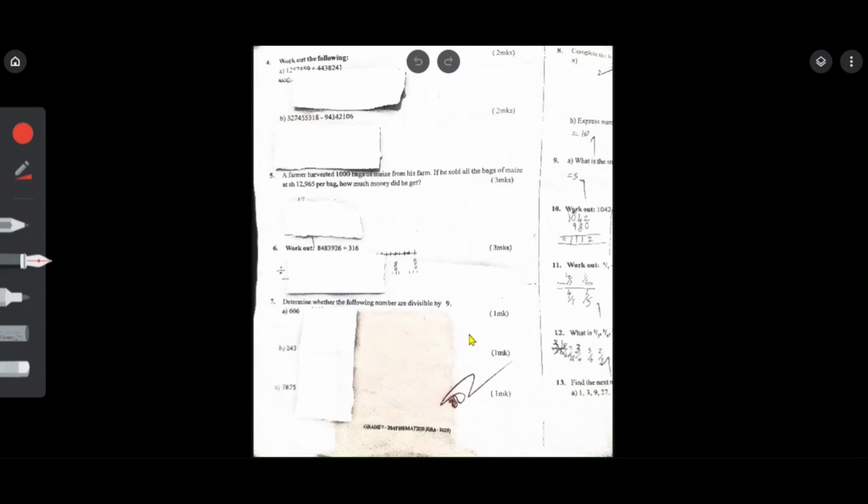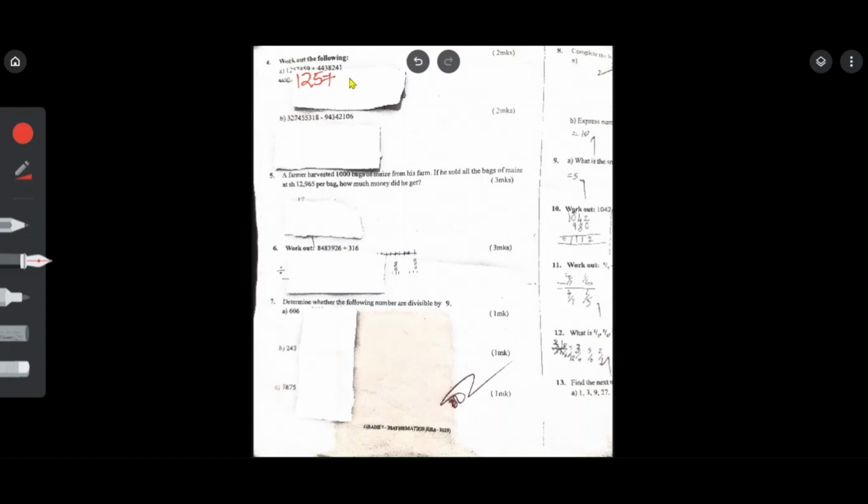The first question here, we want to work out the following. So the number here, let me rewrite. It is 12, 5, 7.